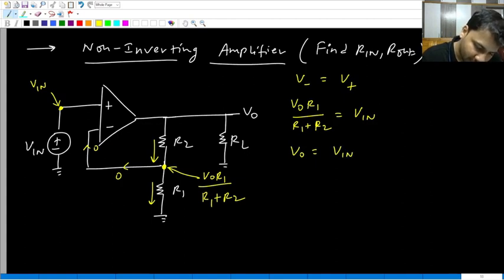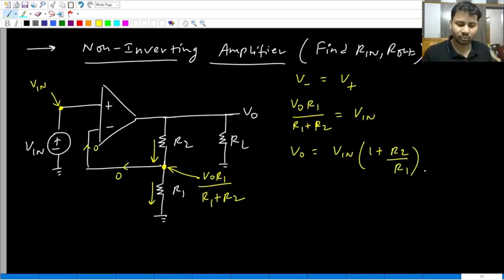So V naught equals Vn times 1 plus R2 by R1. As we expect, the gain of the non-inverting amplifier is 1 plus R2 by R1. Now what is this V naught? This V naught, is it not the voltage across the load resistance? So V naught is not just the output voltage, it is the voltage across the load resistance.